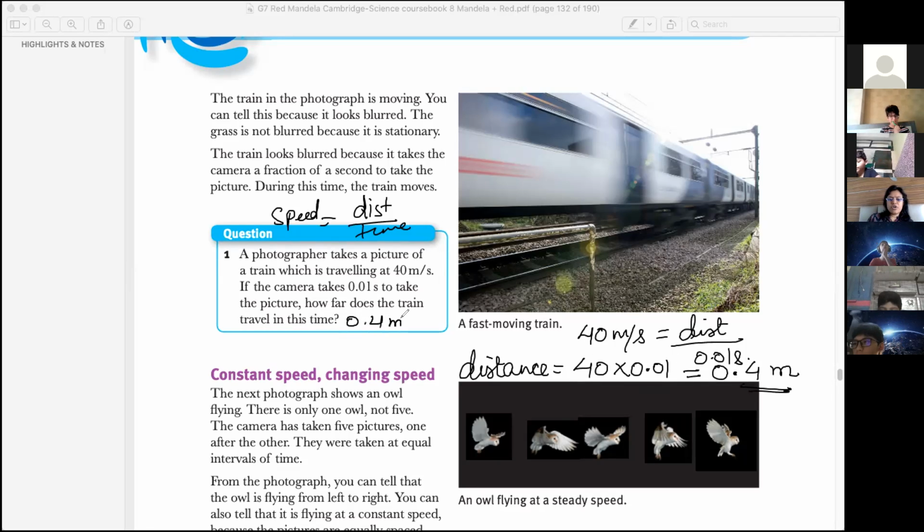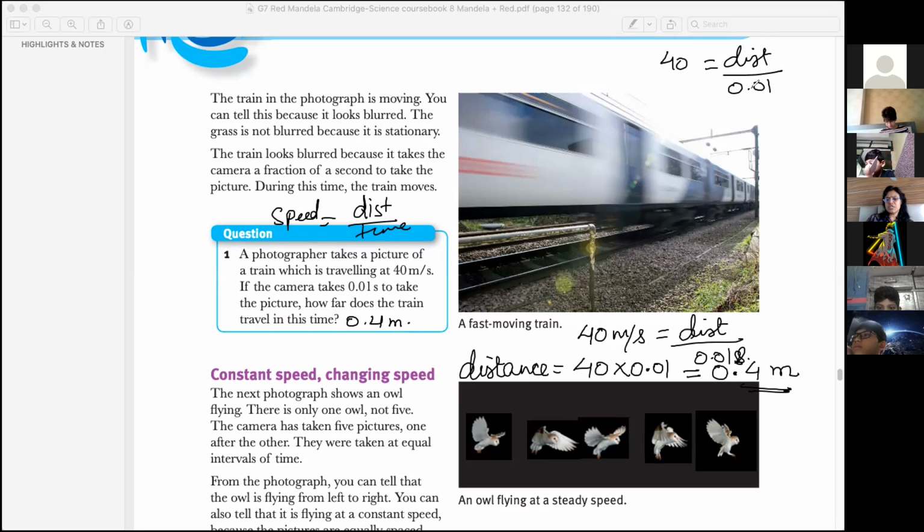Is it clear or not? Why did you multiply 0.01 with 40? It is not 8, it is seconds. Yes, but I was asking where the 40 meter per second was coming, in the numerator or the denominator? Speed hai na? 40 is equal to distance divided by time, 0.01.